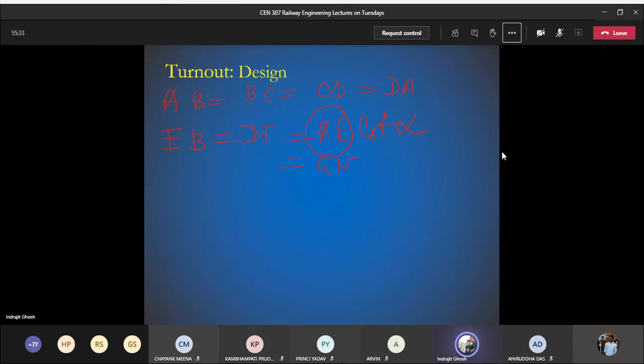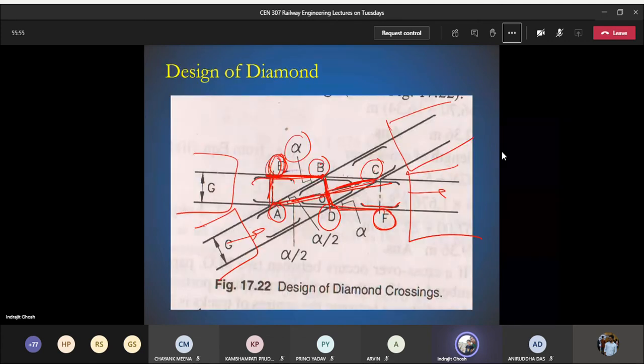Again I am repeating, cot alpha is equal to N, the number of crossing. As per the method we use in India, there are three different methods. The right angle method we use. So as per that, cot alpha is equal to N. So we have known the position of E and F.